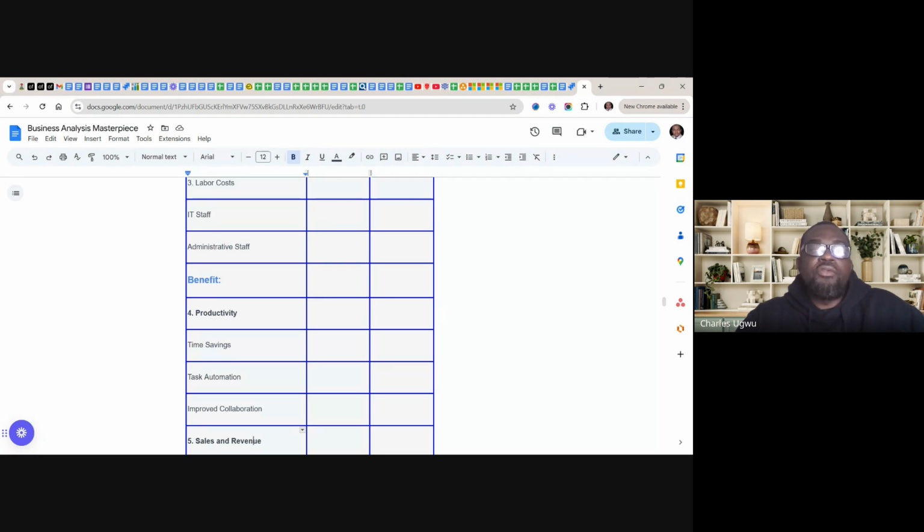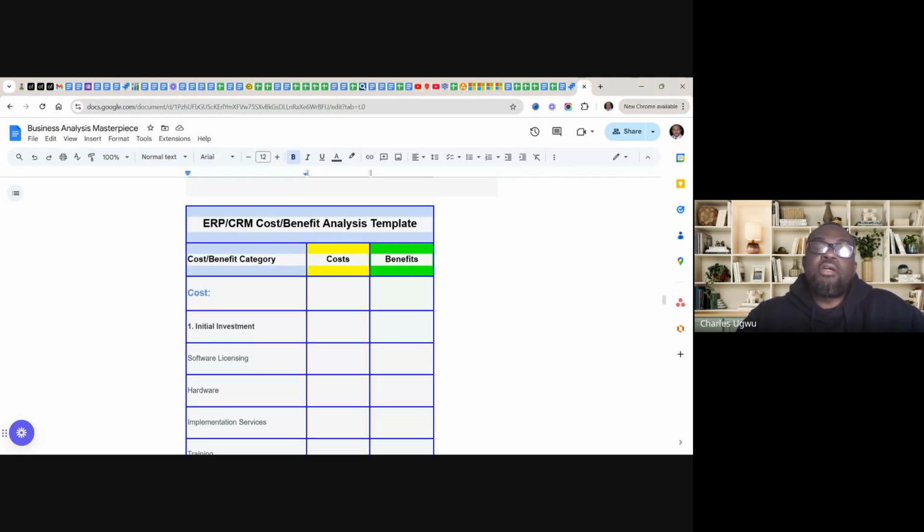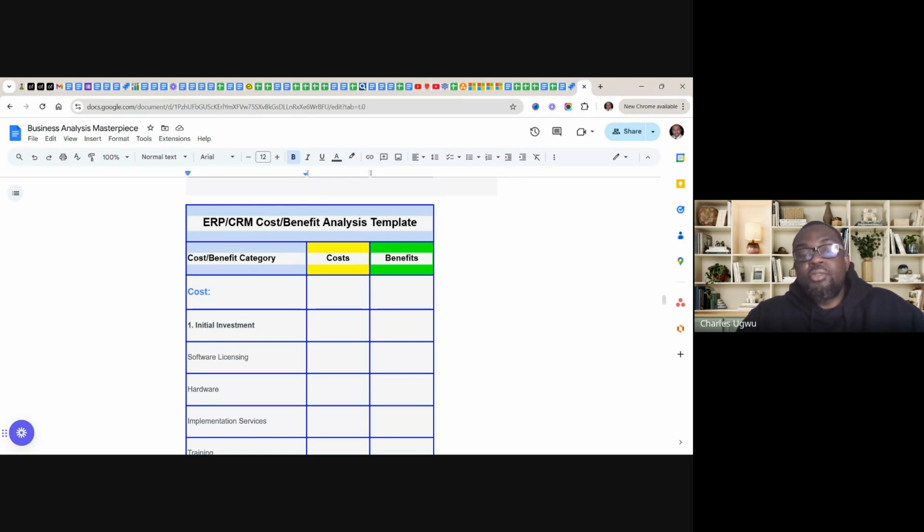Of course, if you are a good business analyst, you must understand the cost involved in the solution you want to implement or recommend, and you must be able to identify potential benefits. So that is it for cost benefit analysis. It's not big also, and shouldn't take our time.